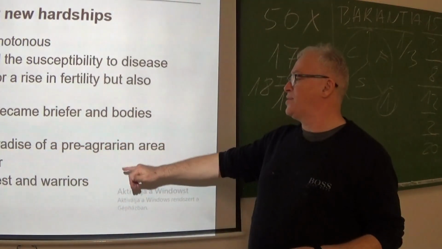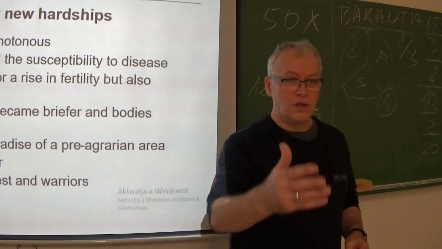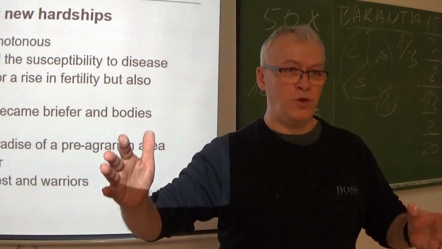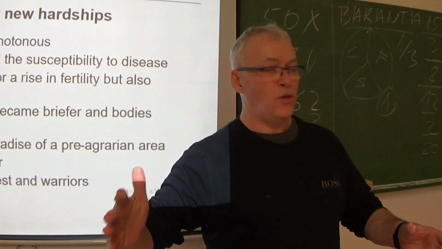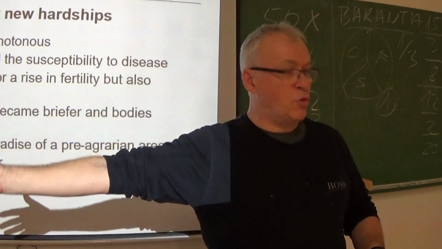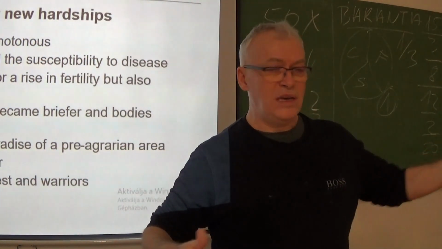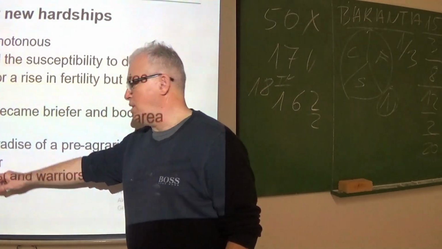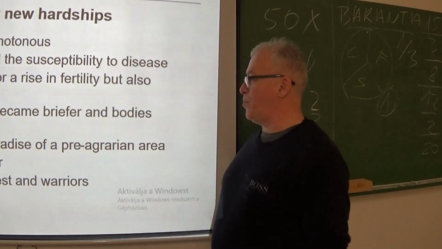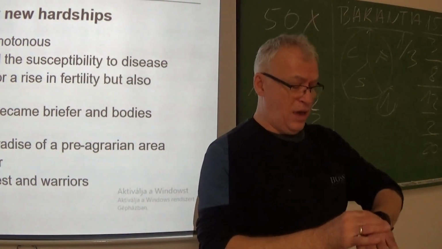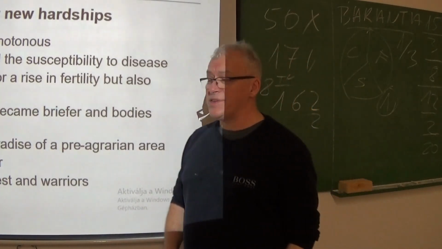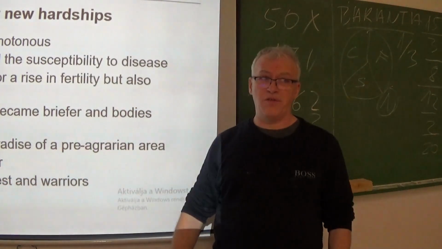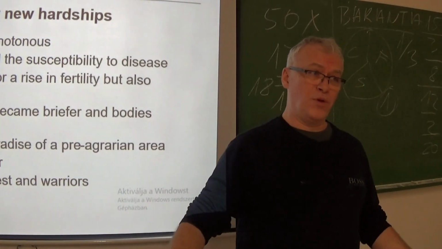Nostalgia for the lost paradise of the pre-agrarian era. Look at the Bible, the Old Testament. It started with the creation of the world, but the second great chapter is the lost paradise. Not only the Jews, but the Sumerians, the Egyptians, each great civilization had a story about the lost paradise. Pollution of water and air, of course, living together, high density of population, and a very important consequence of the domestication of animals and plants: the appearance of a hierarchized society with two new social classes, priests and warriors, who do not directly participate in production.